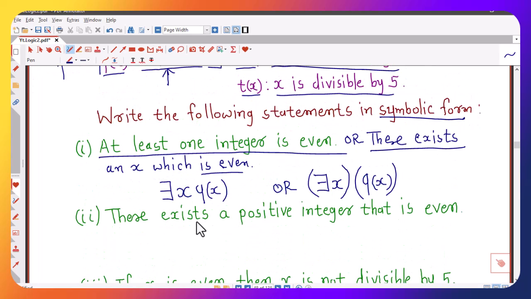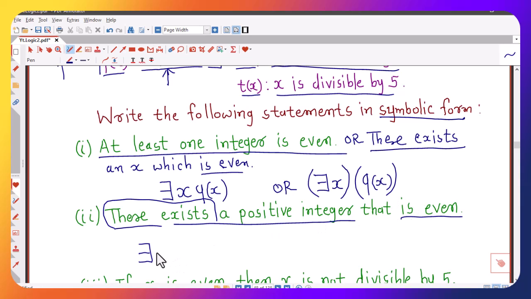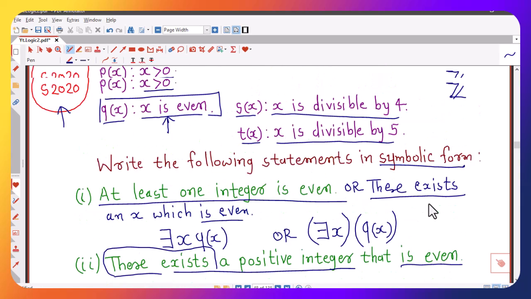Second is: there exists a positive integer that is even. Here also we have to use the existential quantifier, because we have some integer which is positive and even. So I will write there exists x such that that integer is positive as well as even.